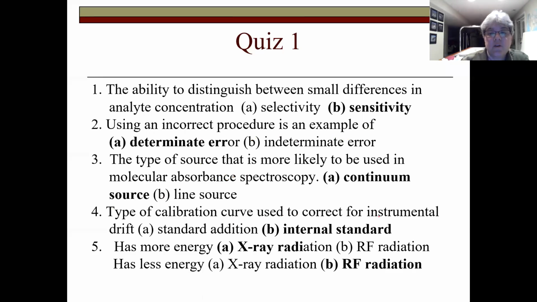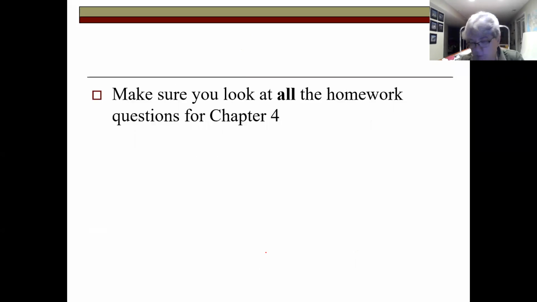Type of calibration curve to correct for instrumental drift is internal standard. Remember, standard addition corrects the matrix effect. More energy: different quizzes had either more energy or less energy. You'll have to look at your quiz, but more energy is X-ray and less energy is RF.